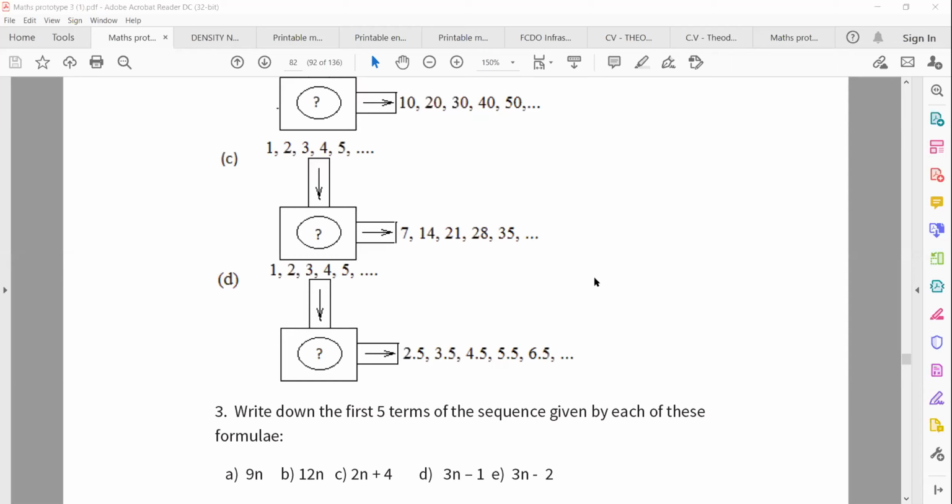Let me try to go to the Blackboard and see what you're going to get. So you're saying 6n plus 1. So 6 times 1 plus 1, you get 7.